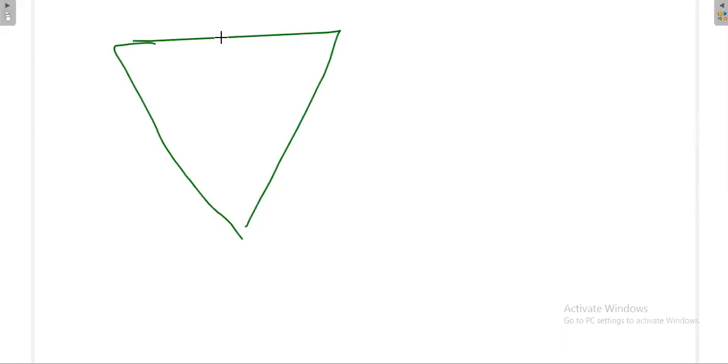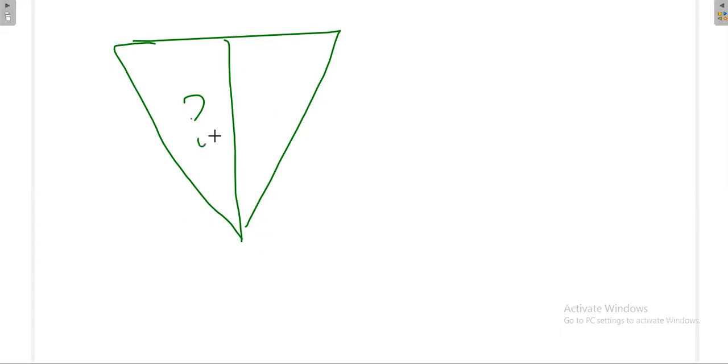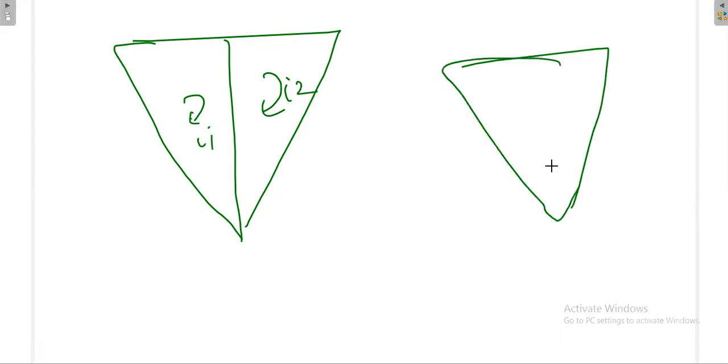Because when the graph is like this, we have chosen I1 and I2 like this, but this is not the only way. You can choose I1, I2 in any manner. I can choose I1 like this, I2 like this, or otherwise I can choose I1 like this, I2 like this.